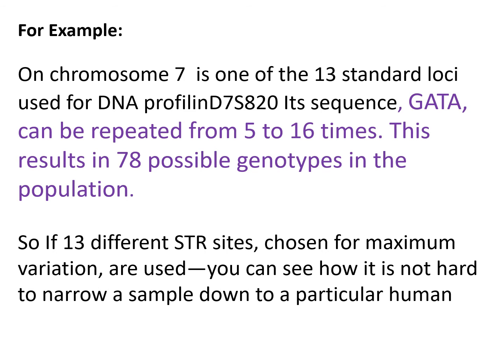So this is going to result in longer fragments. If it's only repeated 5 times, it's going to be a much shorter fragment than if it's repeated 12 times. There's 78 possible different genomes in this one locus. So if you look at 13 or 16 different STR sites, you're going to see that pretty quickly you can narrow it down to one particular human.